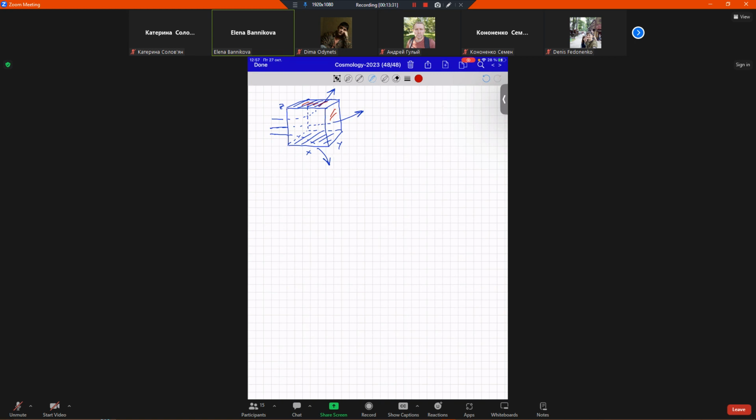And the flux of this vectorial value through any arbitrarily oriented surface we need to determine, since we have a three-dimensional space, with 3 times 3, which equals 9 components.